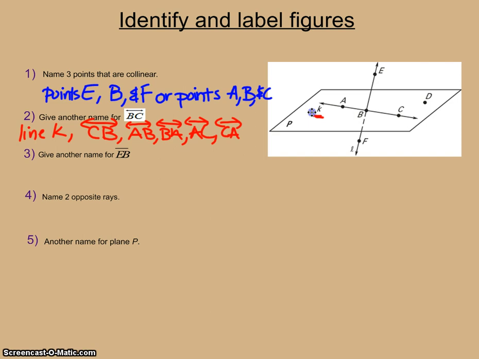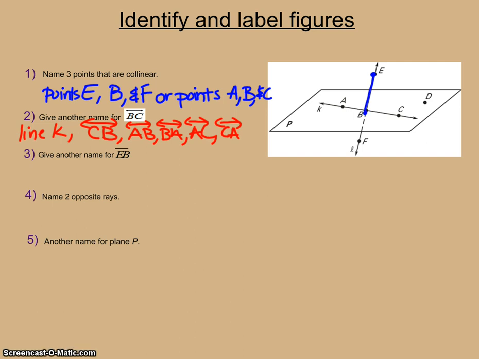The next one we need to talk about is we need to give another name for line segment EB. Notice that the line segment EB is a line segment because of the lines ending here. There's no arrows at the end. That means it's a line segment. That means it ends at the points E and B. Those are endpoints.